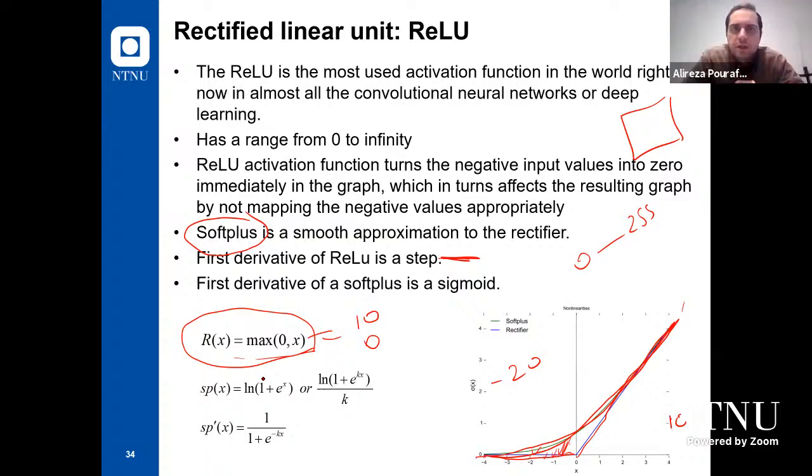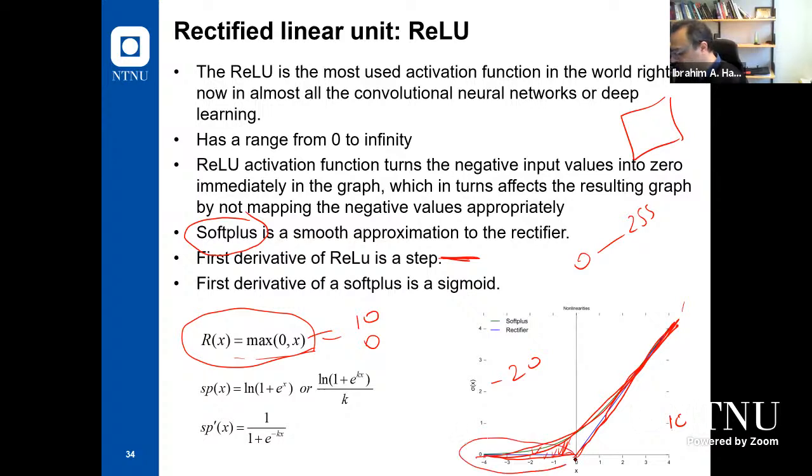Is ReLU used for regression or classification? You can use it for regression, of course, no problem, but it will just focus on positive values. If the output is a negative and positive number, you cannot use ReLU, because ReLU will truncate all negative values and keep only positive values.